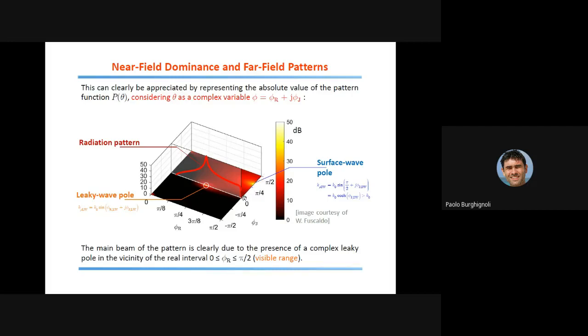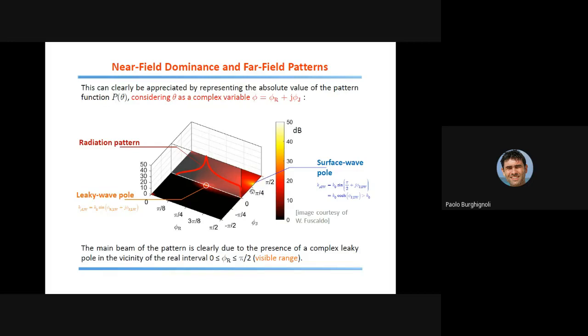So here we have an evanescent wave, which is transversely evanescent, and that's a surface wave which does not contribute directly to the radiation pattern. As we know, surface waves by themselves do not radiate, whereas leaky waves directly radiate because they may be very close to the visible region of the spectrum.